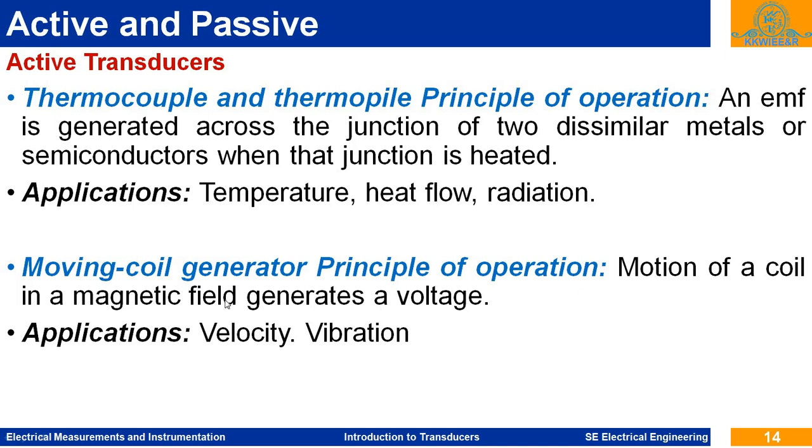When the conductor cuts the magnetic field, an EMF is induced in the conductor. So this principle is used for the measurement of velocity and vibration. These devices are called active transducers, as there is no need for the conversion of one form of energy into another form. No external energy is required.